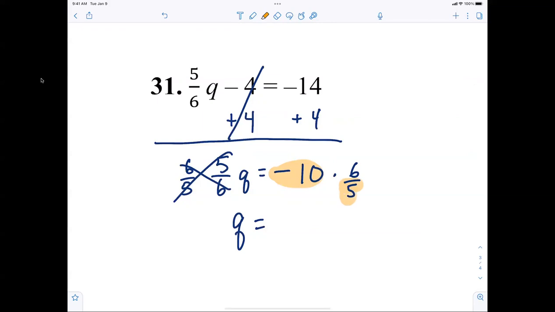Divide by 5 first, that's negative 2. And then times 16, that's 32. What kind of 32? Negative 32. Okay. Now, if that's too hard for you, just do 10 times 16 divided by 5, but it's easier to do the division first.